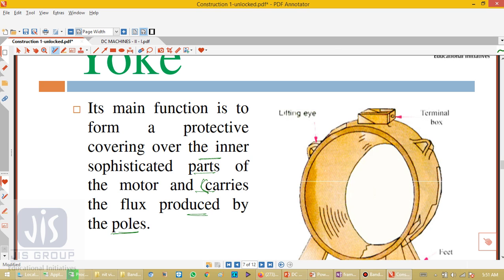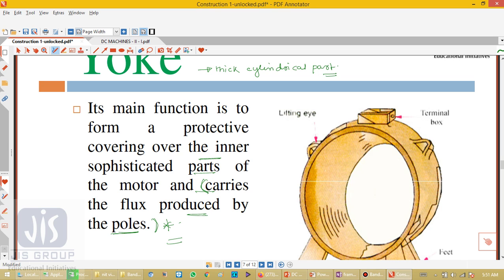So the yoke basically carries the flux produced by the poles, and it is a thick cylindrical part of the stator that carries the flux from pole to pole.